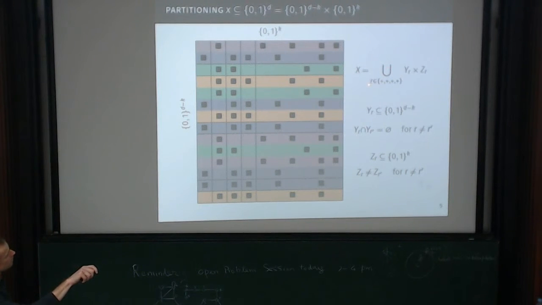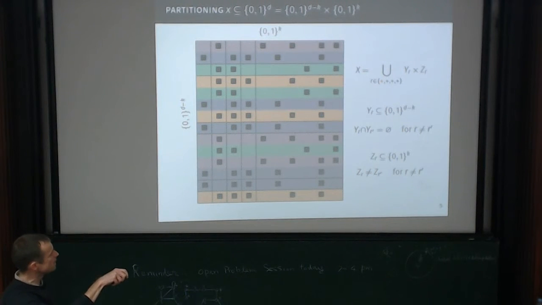So we take the union over all the 4 equivalence classes. Y_r is, for the rth equivalence class, the set of d minus k vectors indexing this equivalence class. And Z_r is just the subset of 0, 1 to the k corresponding to the pattern of this equivalence class. So you can obviously write x in this way.